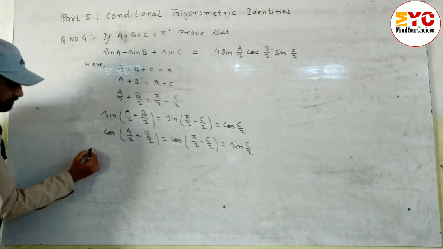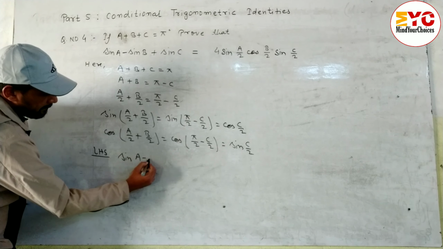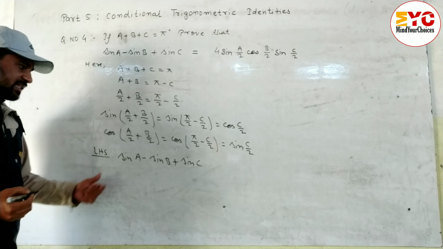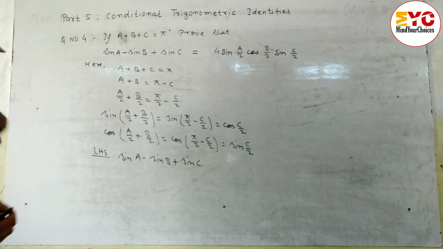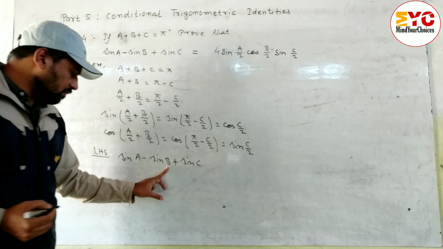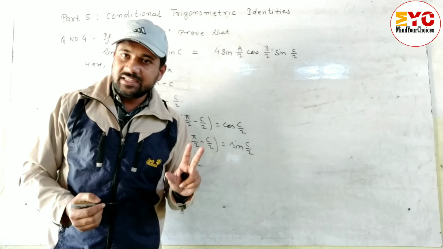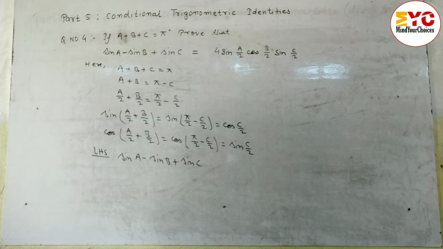Now taking the LHS. LHS is sine A minus sine B plus sine C. Now you can see we can use here the formula of sine C minus sine D. The formula of sine C minus sine D is 2 cos of C plus D by 2 sine of C minus D by 2.